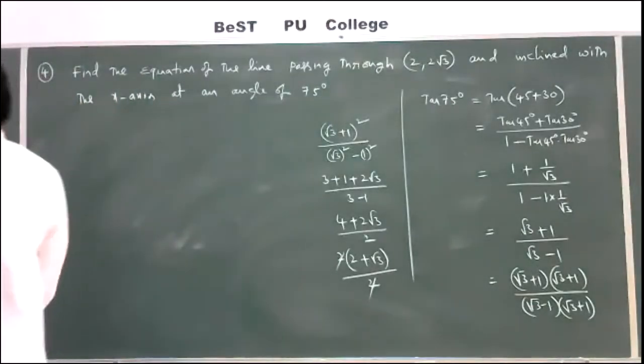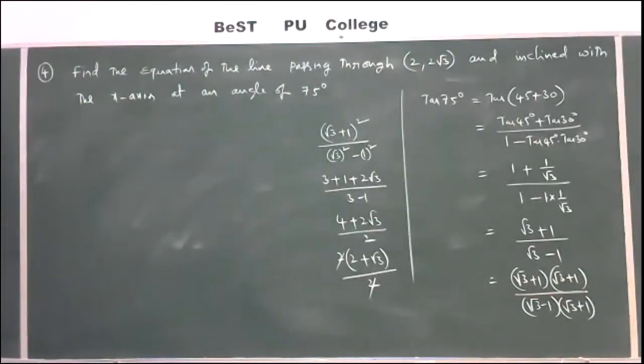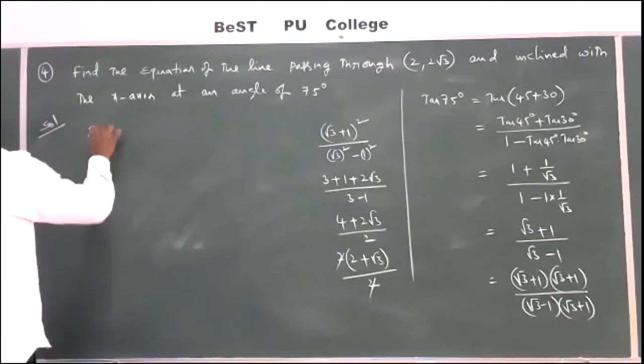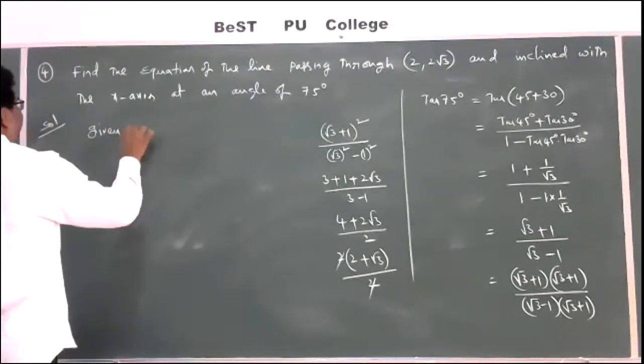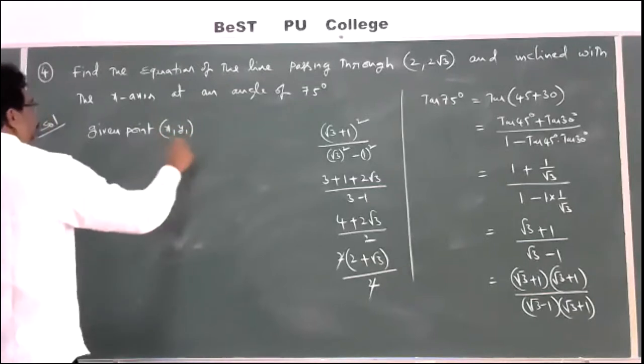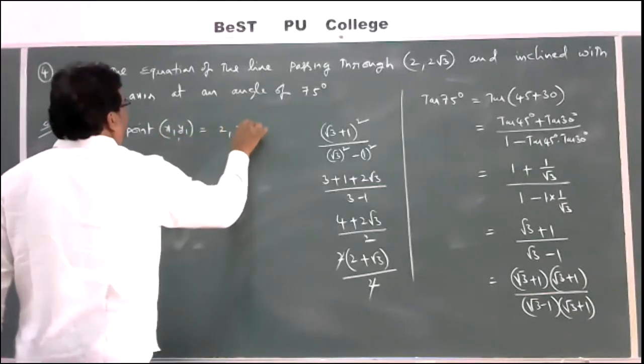Then come to the problem. Here, given point: x1, y1 is equal to 2 comma 2 root 3.